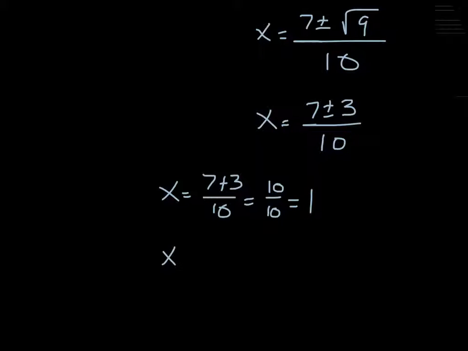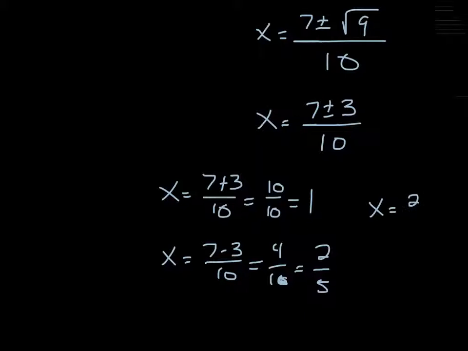And then we've got 7 minus 3 over 10, which is 4 over 10, which reduces down to 2/5. So our two answers that we have are x equals 2/5 and 1.